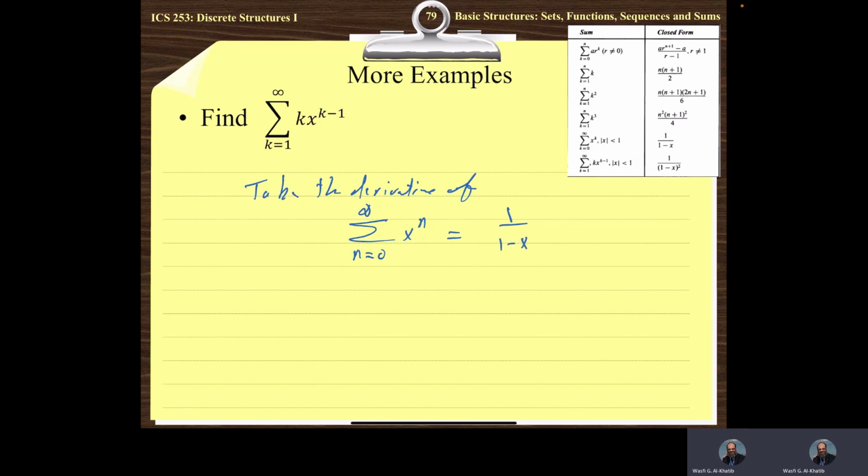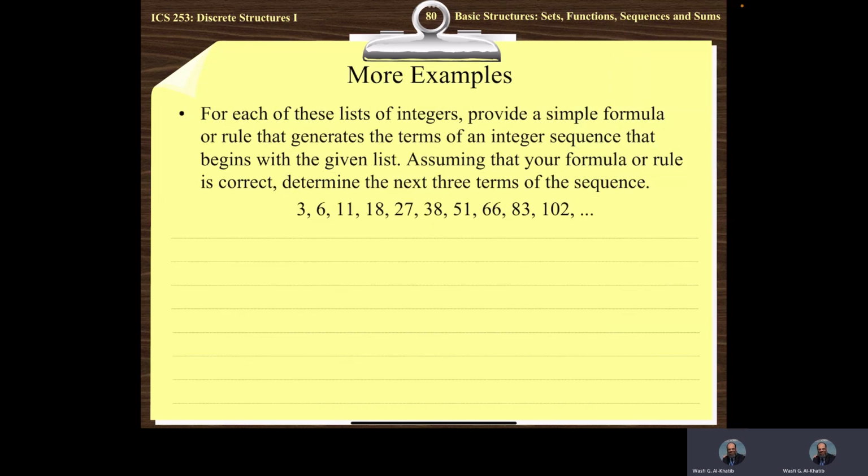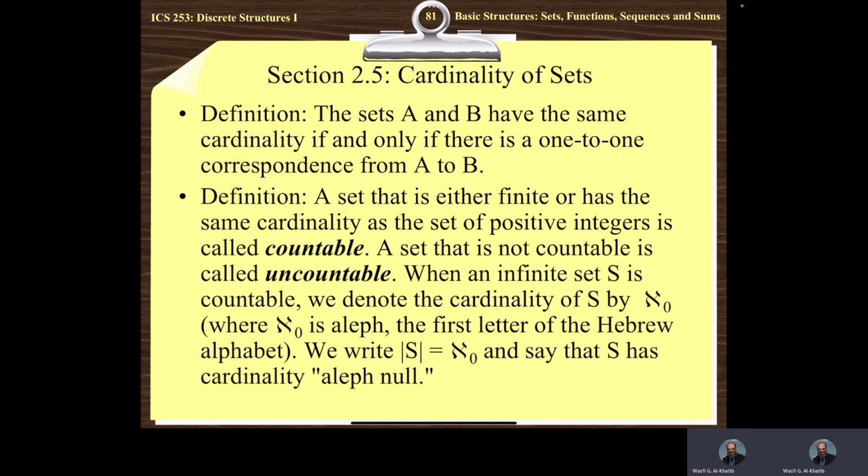Take the derivative of both sides. You will get the answer. Forget about this. I'm going to do this for you as an exercise. We took a lot of sequences, so I'm not going to do it again.